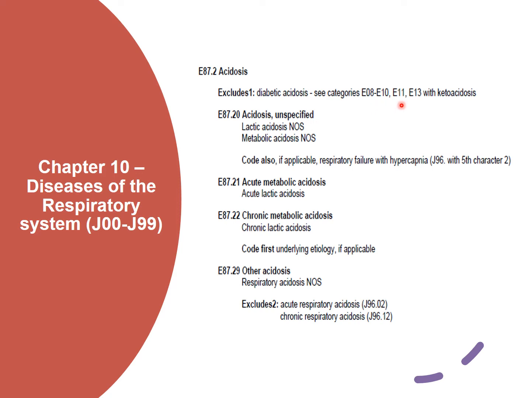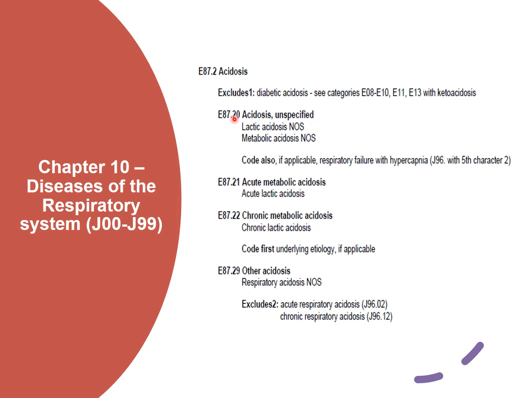So based on the appropriate type, assign the appropriate E code. This is not a new rule, it was already an existing rule, so there is no change in this. Just check the appropriate type and assign the appropriate E code.